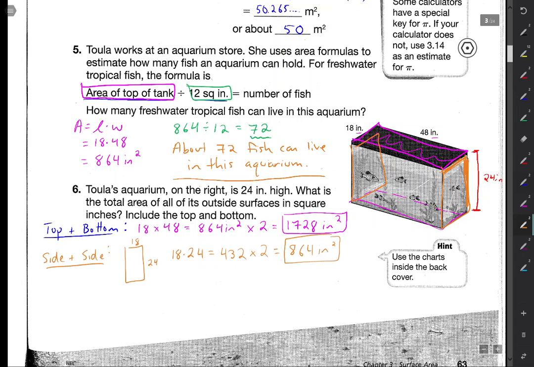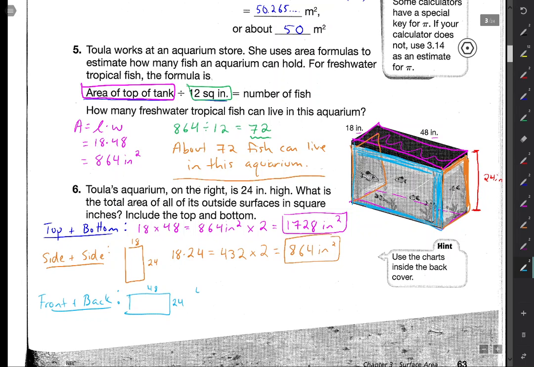And then finally, let's do the front and the back of this tank. So we have the front here, and of course the matching side on the back there. Looking at the dimensions of those, it looks something like this. We're going to have 48 inches on the top here, and then this side here is 24.